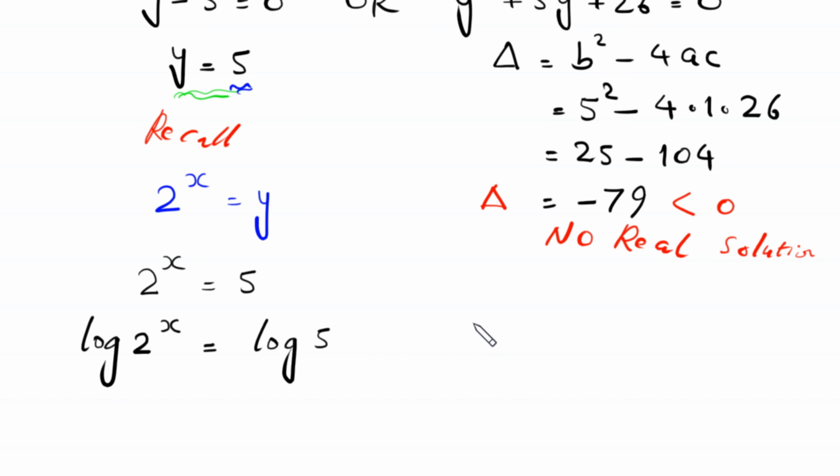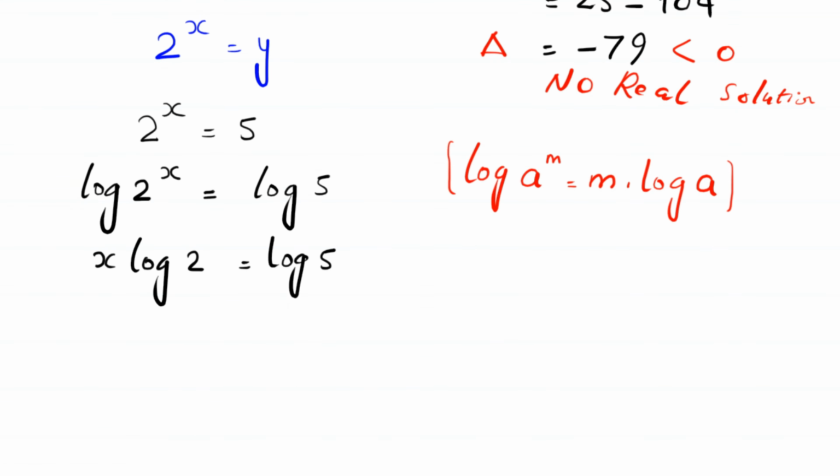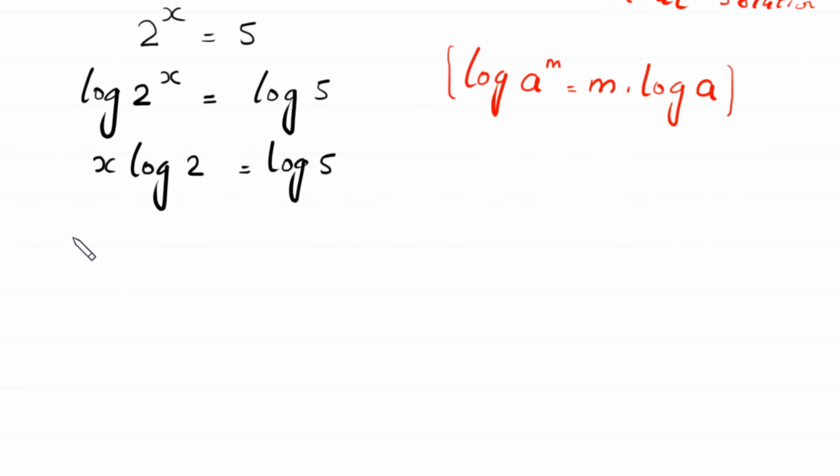By using this log property, log of a to the power m is equal to m times log of a, this log of 2 to the power x will become x times log of 2 is equal to log of 5. Now if we divide both sides by log of 2, this implies that x is equal to log of 5 divided by log of 2.